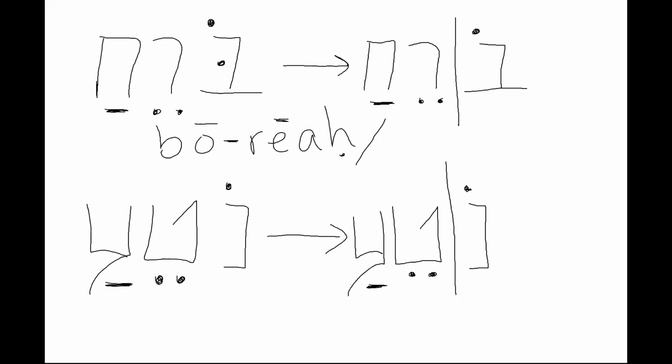You see this dividing line in the word boreach. You see the dividing line between the bet and the resh, right? So you have the bet and then the holam, right? The furtive patach is not considered to be a full vowel, and it's not counted in syllabification. So you would think it would be re, or resh and then tsere and then another line, but it's not.